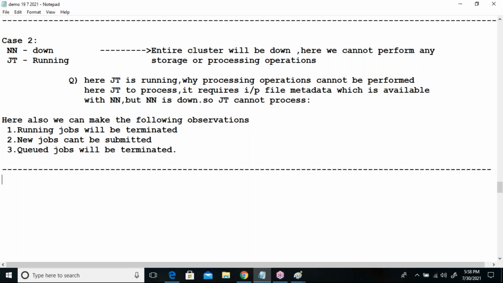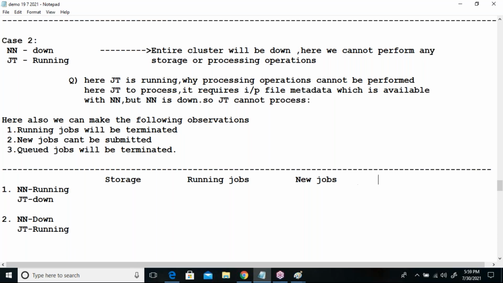Now based on this, try to say: in the first case, the name node is running and the job tracker is down. In the second case, the name node is down and the job tracker is running. Here, storage you can say, running jobs, new jobs, queued jobs.